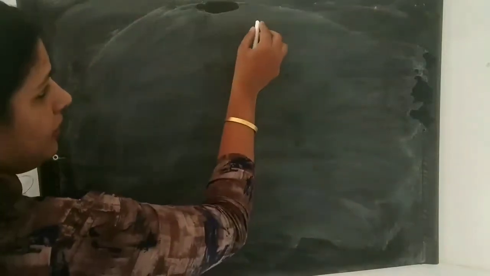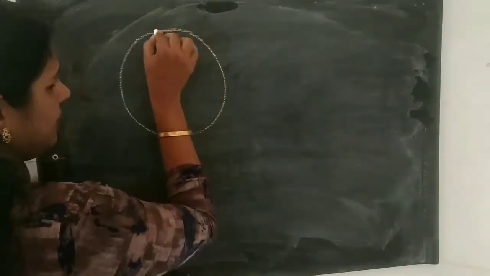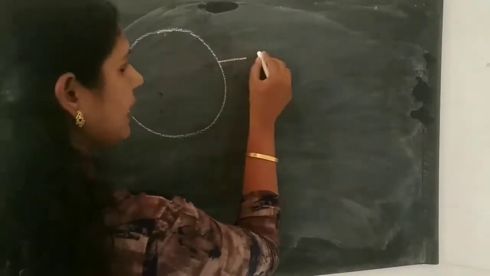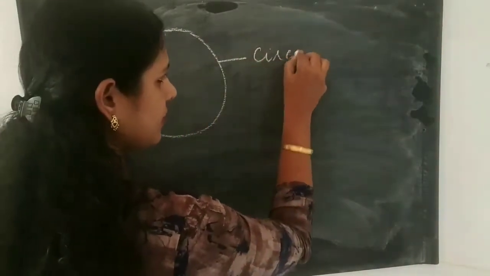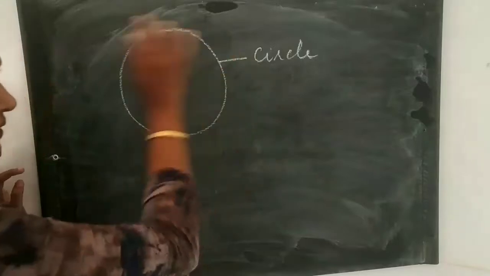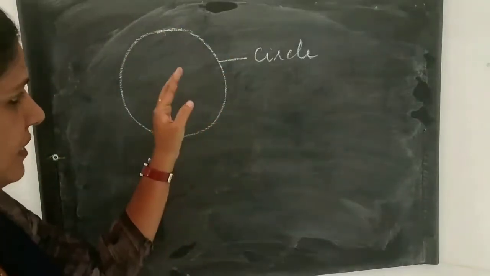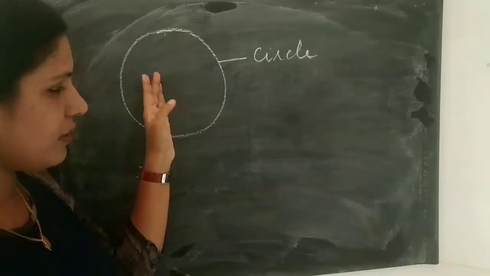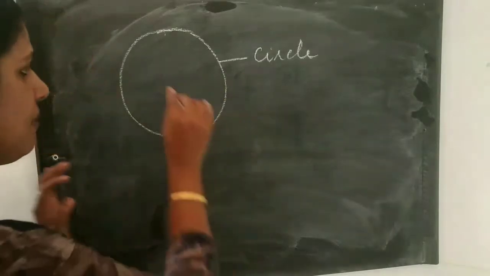See, this is a circle. In the circle, there are two parts you can see. That is an interior portion and an exterior part.